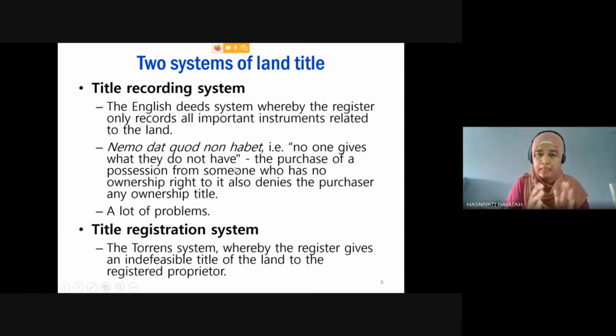So if an owner, under the deed system, wants to transfer his land to another party, the second party, the purchaser, had the lawyer, especially not himself, the lawyer will have to do a very extensive checking on the title of the seller. Must prove that the seller really possesses the ownership. So the lawyer has to check one by one all the transfers to make sure that the chain of ownership is not broken.